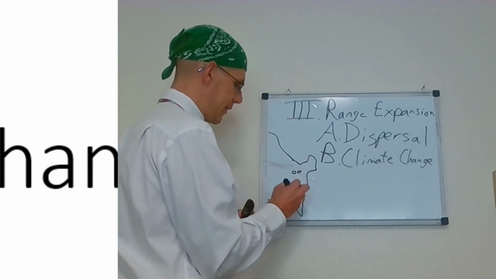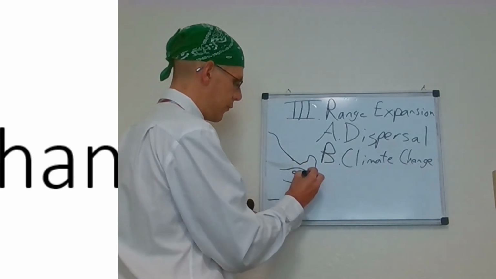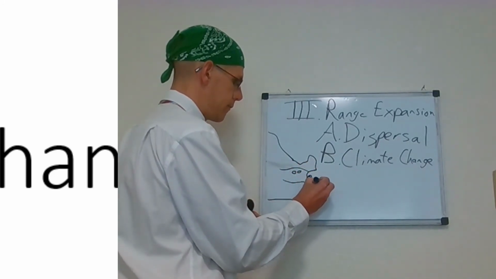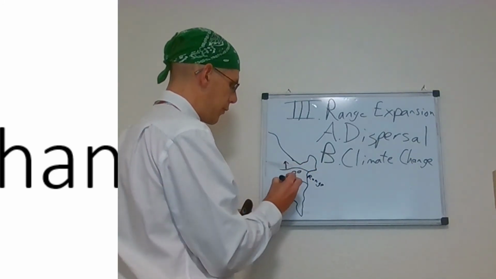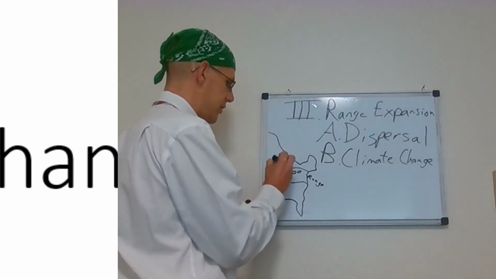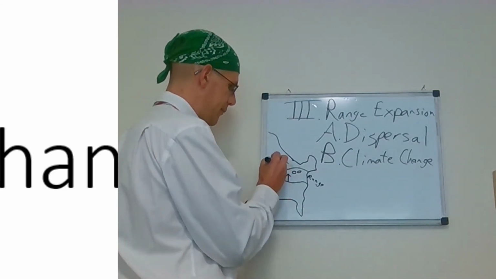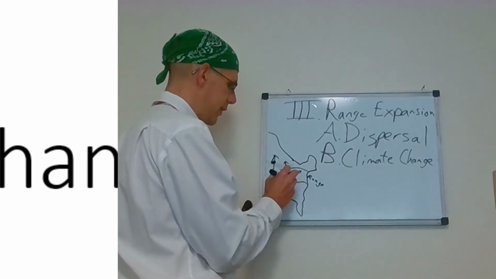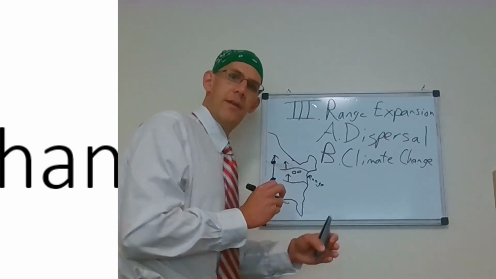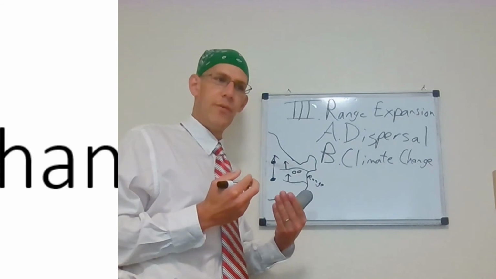The east coast of North America, if you've got a range of an organism, it'll have to move north faster than the climate changes. So if the climate changes where the temperatures here become the temperatures up here before the organism can move that far, then it just goes extinct. It can't adapt, it can't move fast enough.